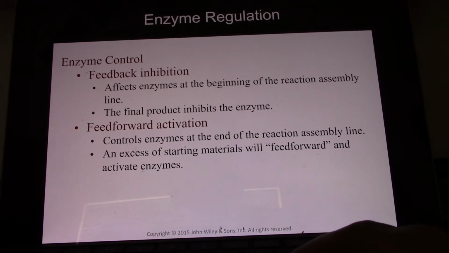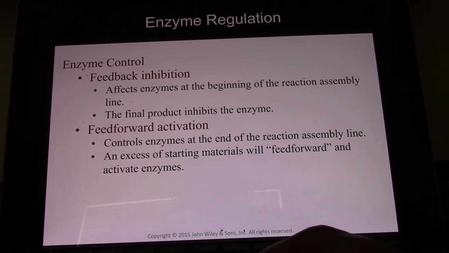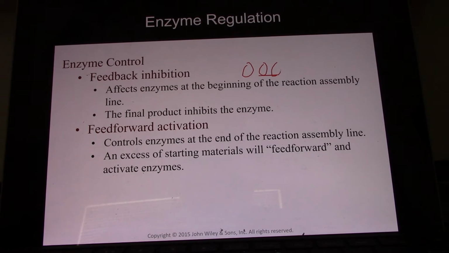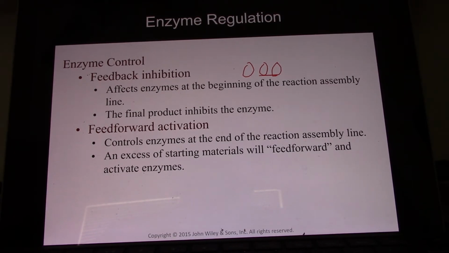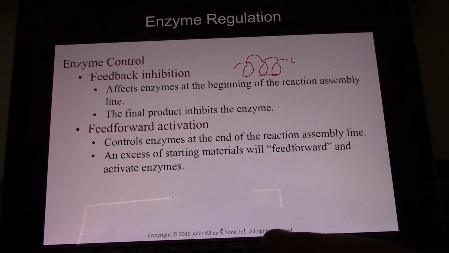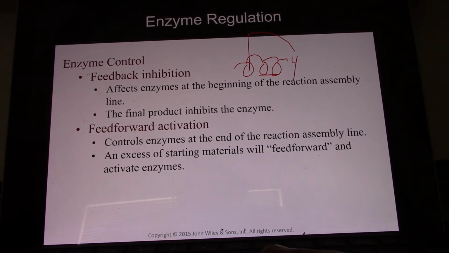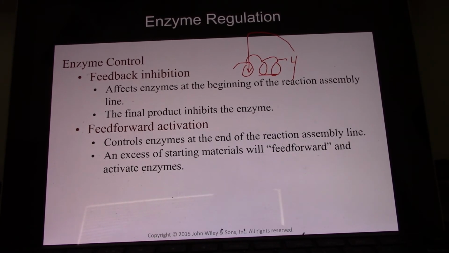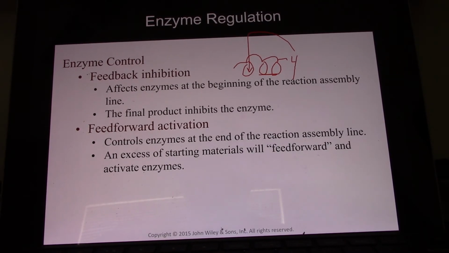And so in a system like that, you might have 4 enzymes, let's just say 3, and our substrate goes through 3 reactions and becomes our final product 4. And that will actually bind the first enzyme and shut it off. And that way, once you make enough of something, you shut off the machinery to not make any more, and you always have the right amount.